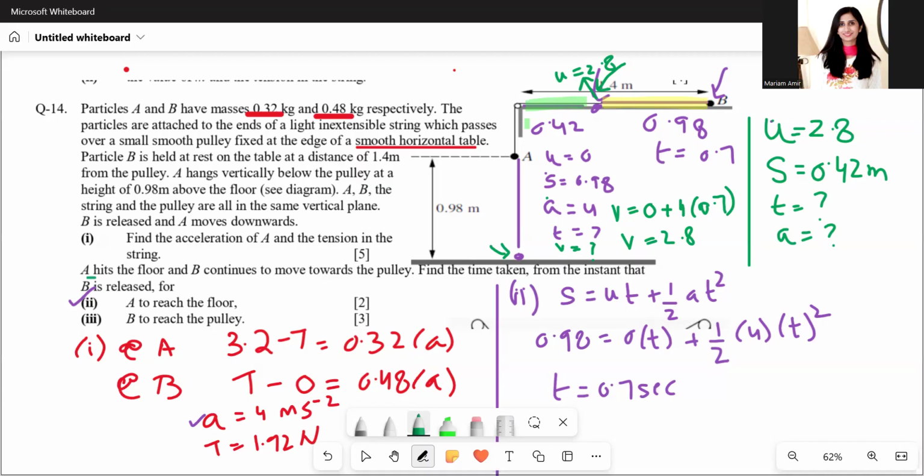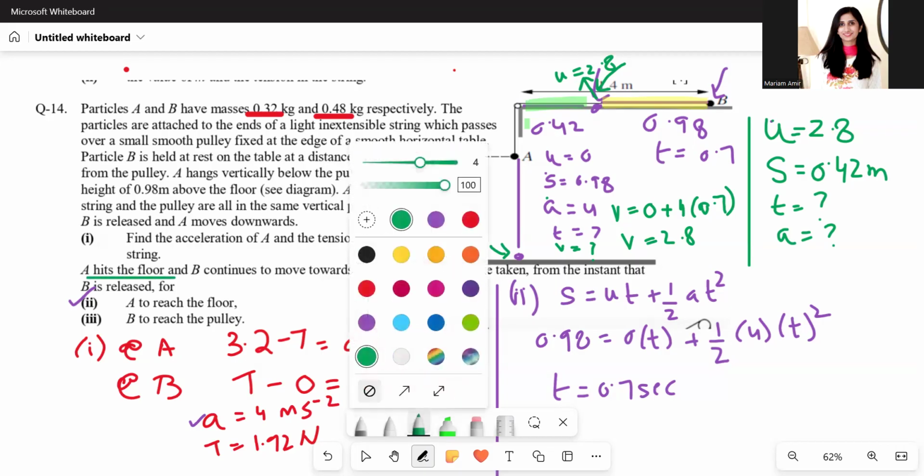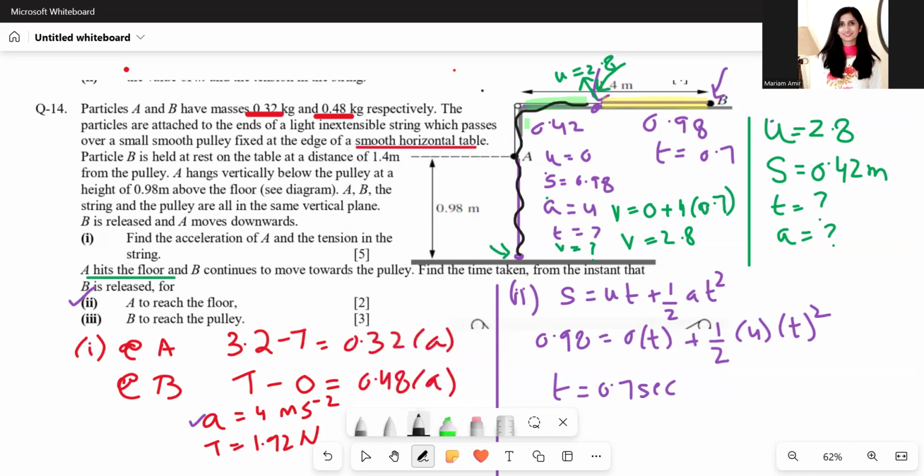A hits the floor. Since A hits the floor, the string will become slack, and it pulls the pulley towards this direction. So since the string is slack, its tension is now zero. When we use the formula forward force minus backward force equals ma, forward force is now zero.